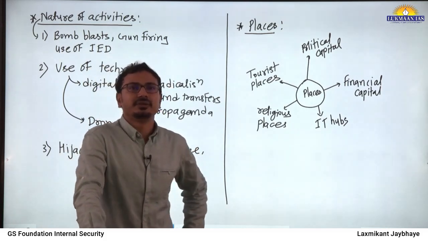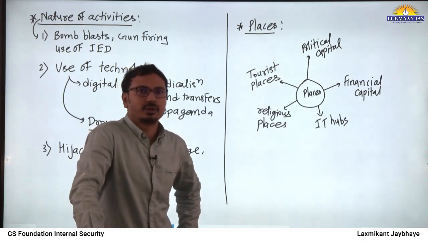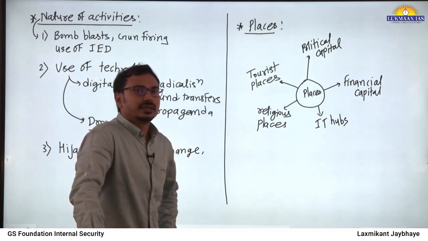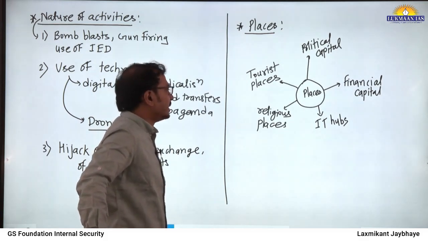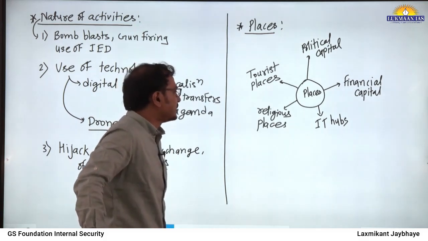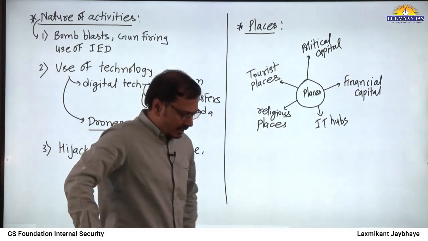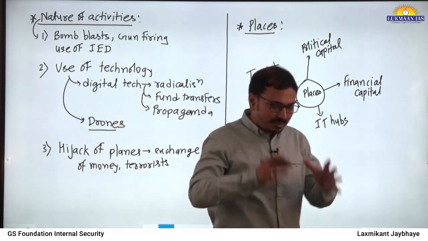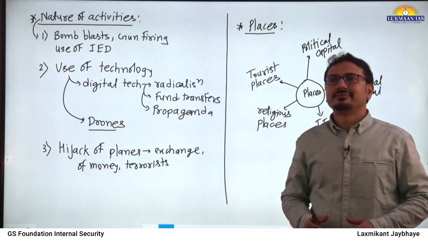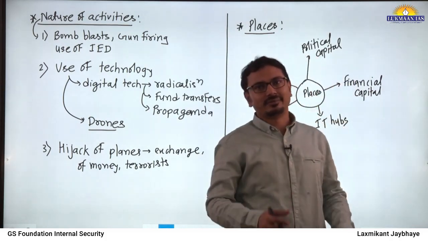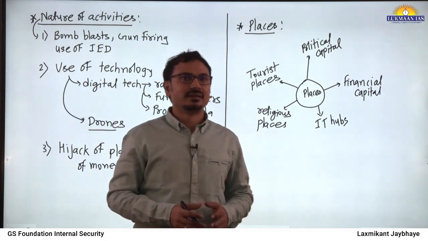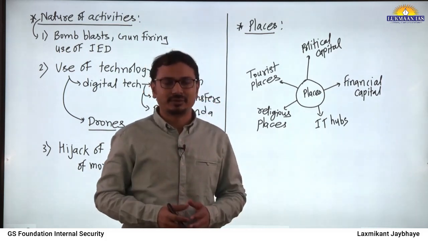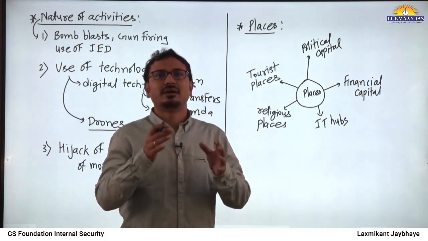Generally we will say places of national importance, but largely in capitals, Mumbai the financial capital, and IT hubs, where there is maximum impact on the state machinery, on the state resources, and the number of deaths of people. This is the objective.